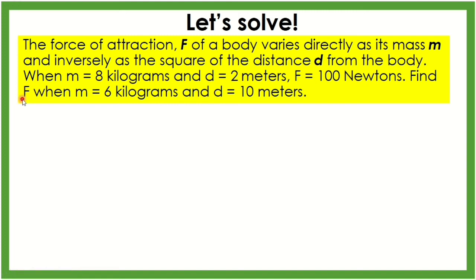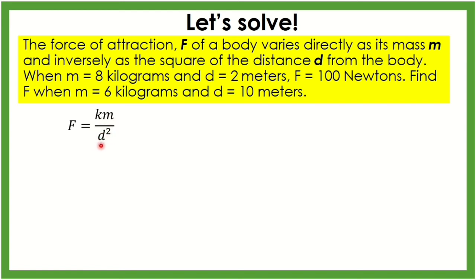To find F, translate muna natin yung force of attraction of a body varies directly as its mass M and inversely as the square of the distance D. This is equal to F equals K times M all over D square.